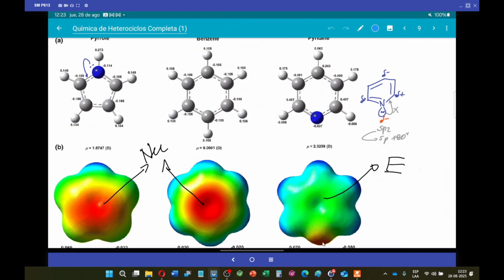Because it concentrates the electrons, the pyridine is P deficient, and the benzene would be P enriched, not in 100%. But if it is quite enriched, then from the P electronic point of view, the pyrrole would be more similar to the benzene, because the electronic pair by resonance enriches the system.